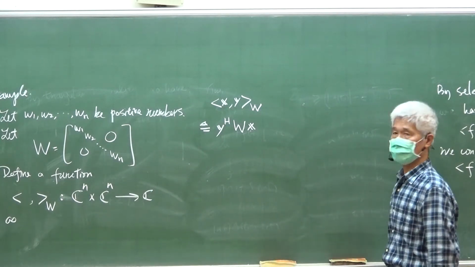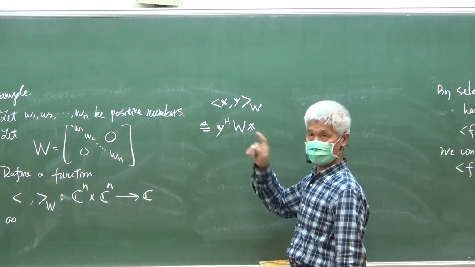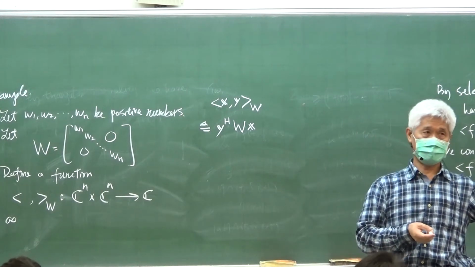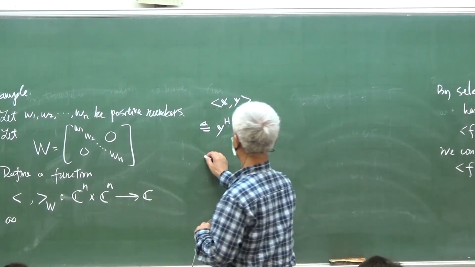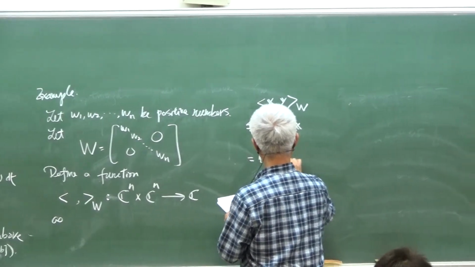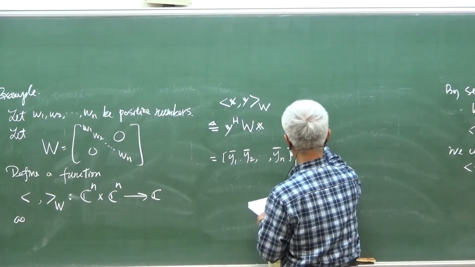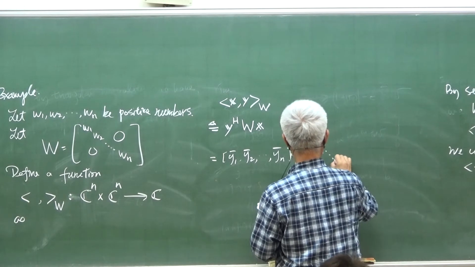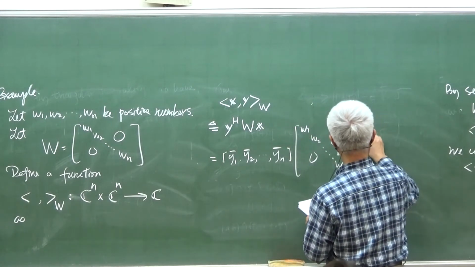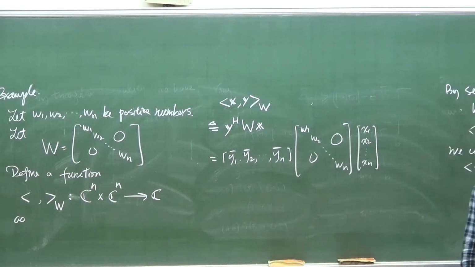So this means that we take the Hermitian of Y. Remember, the Hermitian of Y is the conjugate transpose. So what is this? That would be y1 bar, y2 bar, up to yn bar, times the diagonal s1, s2, up to sn, and here you have x1, x2, up to xn.